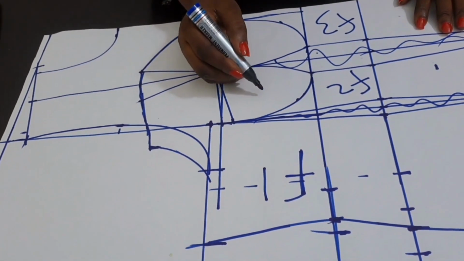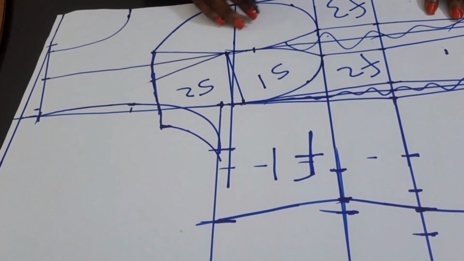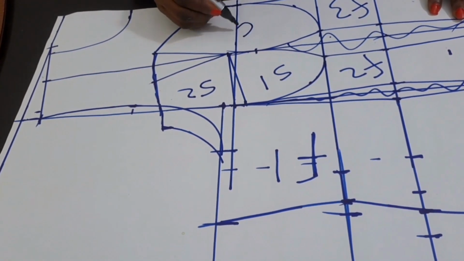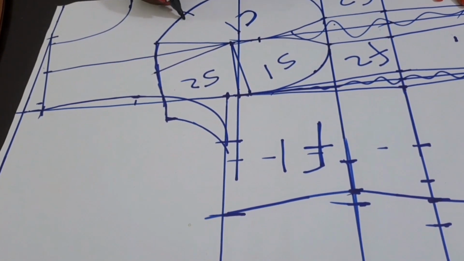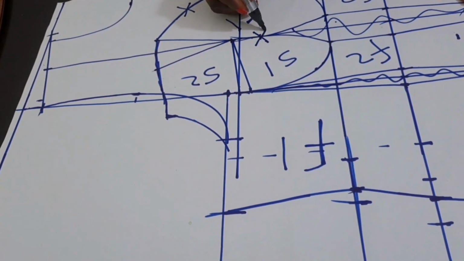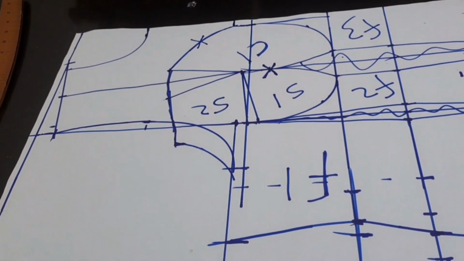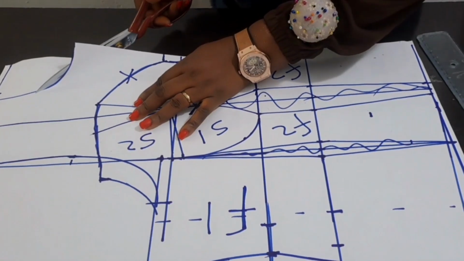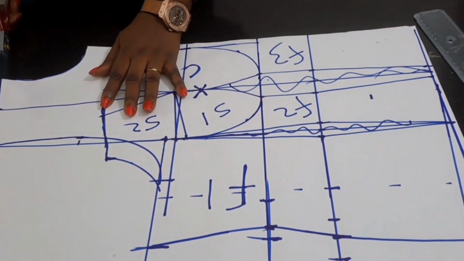So I'm marking, giving it names: side 1, side 2, center 1, and center 2. And this is my joining part that I'm notching, the joining part and the upper part of the other side. You have to cut it now. Watch how I'm cutting it.